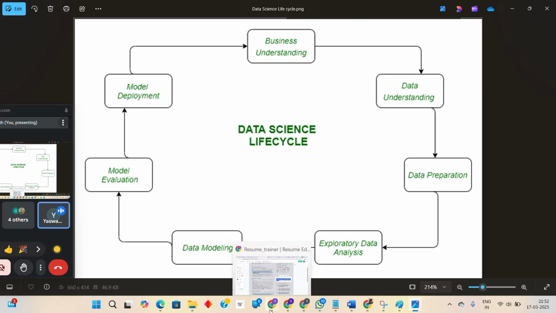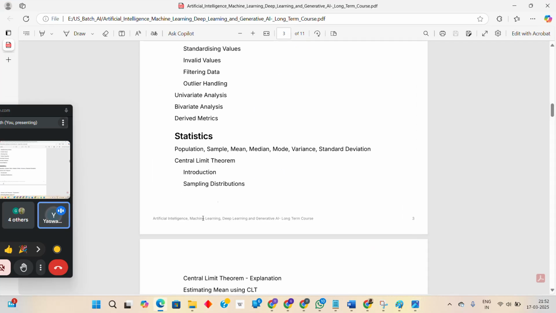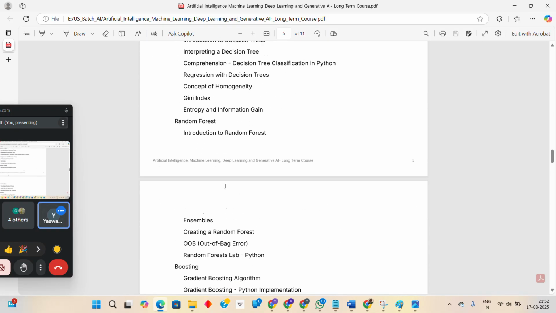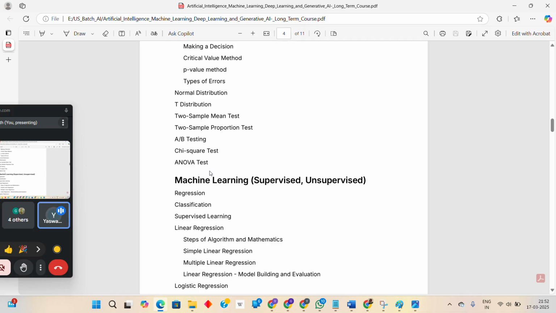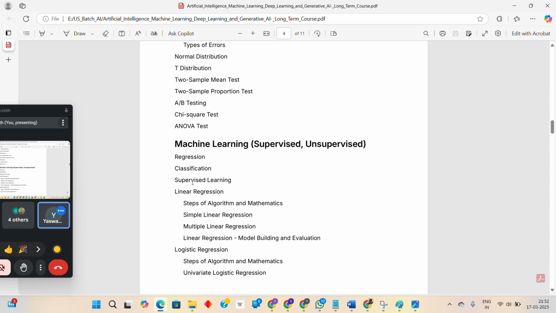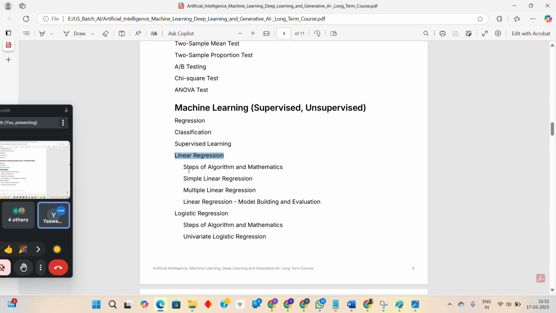So this is all about the data science life cycle, and completely we covered till here. We covered machine learning and the machine learning pipeline. Tomorrow I will start with what is supervised and what is unsupervised learning. Linear regression, I will start linear regression also, if time permits.